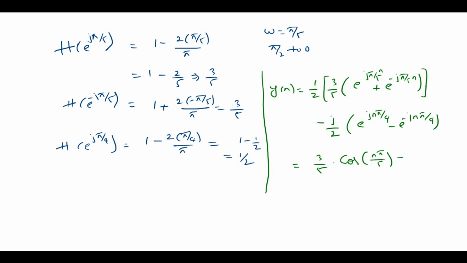This minus j by 2 I am writing as plus 1 by 2j, so it is simply 1 by 2, just multiply with this, and it becomes the sine of n pi by 4. So 3 by 5 into cos of n pi by 5 plus 1 by 2 into sine of n pi by 4.